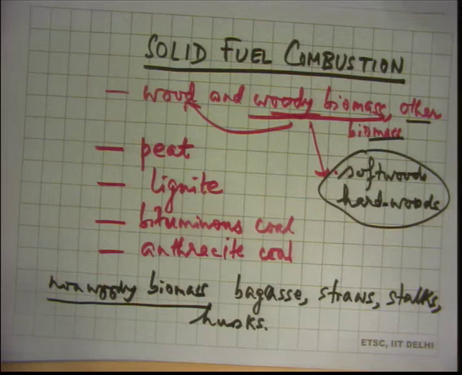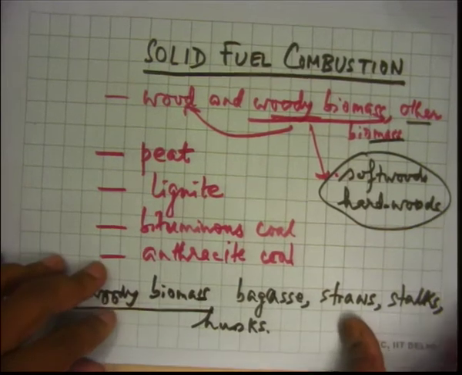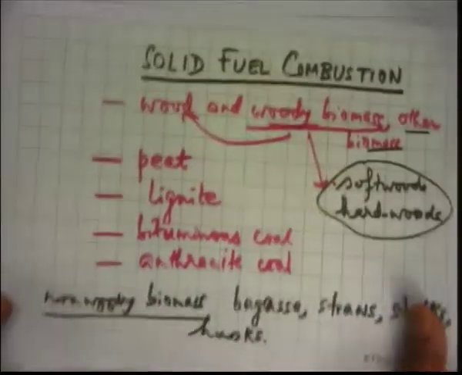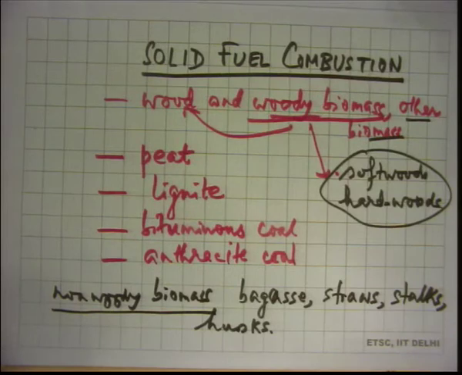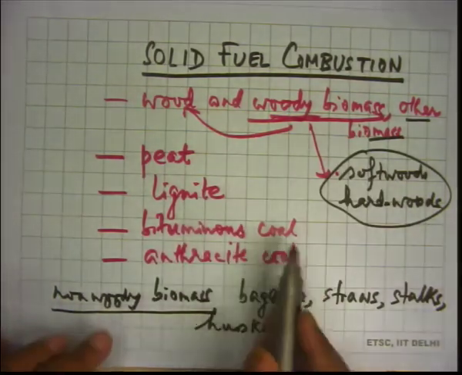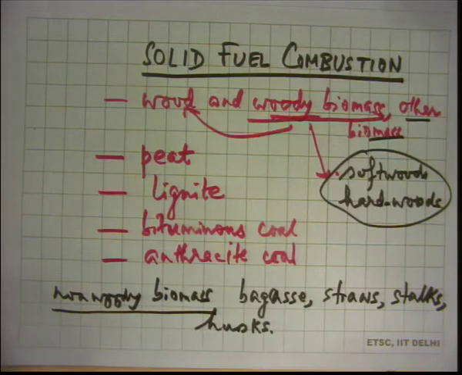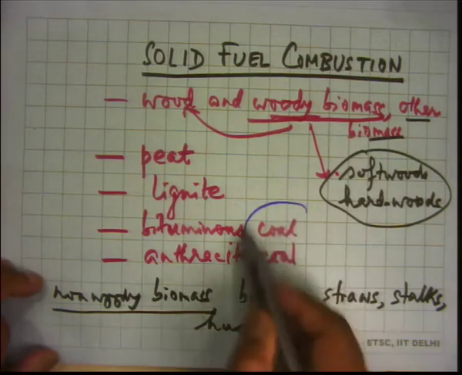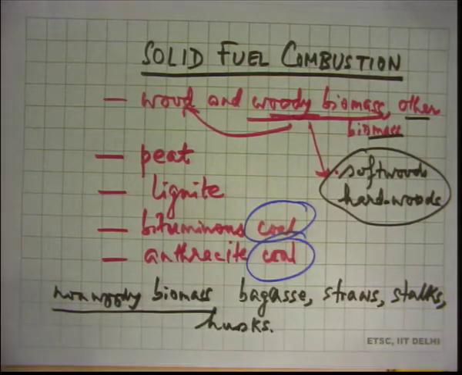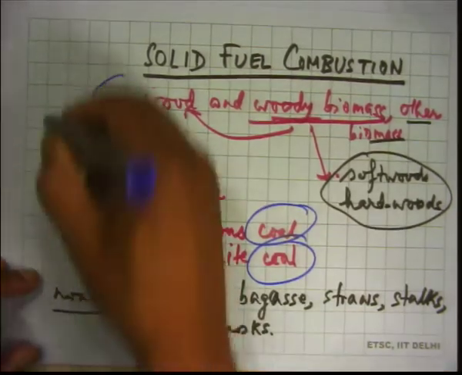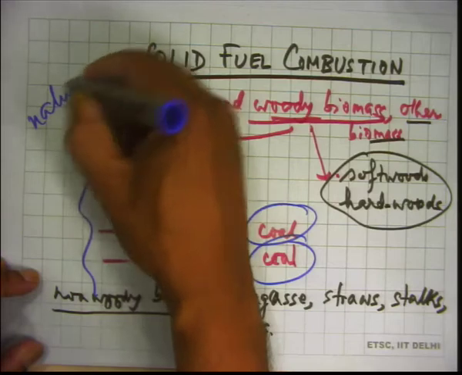If we had more time, we would have spent more time on this, but right now that's not possible. So essentially there is biomass, and then there is coal. These are naturally occurring solid fuels.